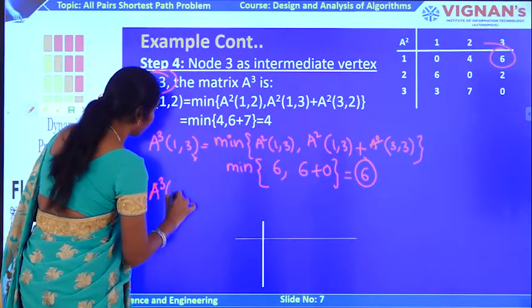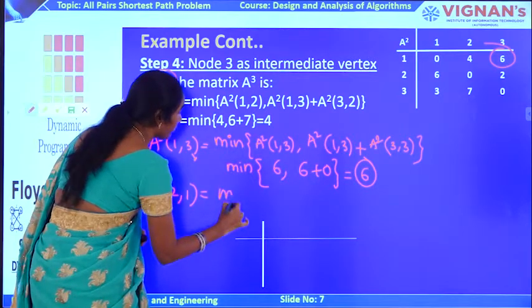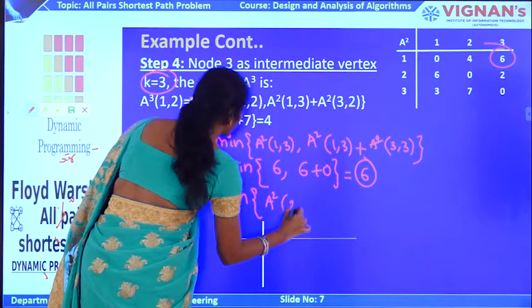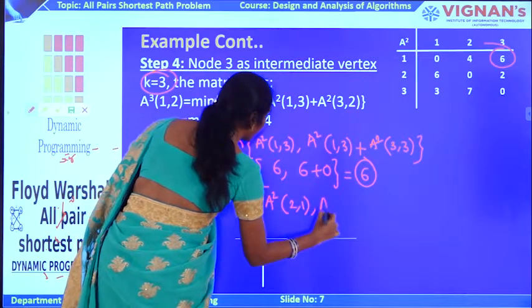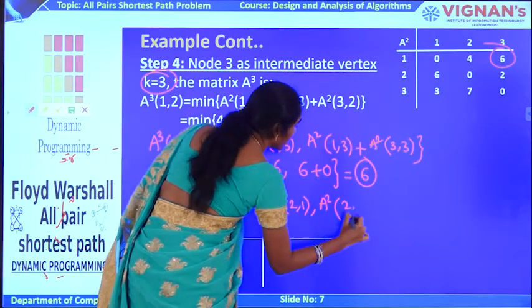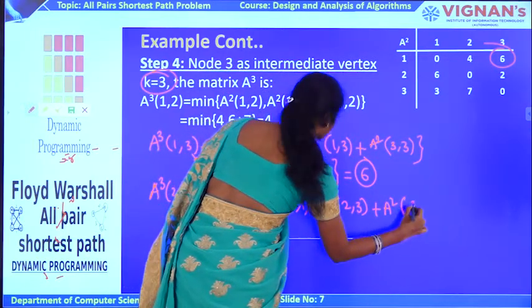Now let us consider a3 of 2 comma 1. 2 comma 1 means again minimum of a2 of 2 comma 1, comma a2 of 2 comma 3 plus 3 comma 1, because the intermediate vertex is 3.